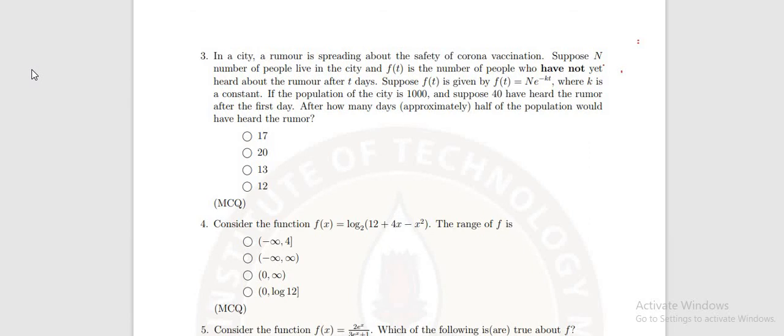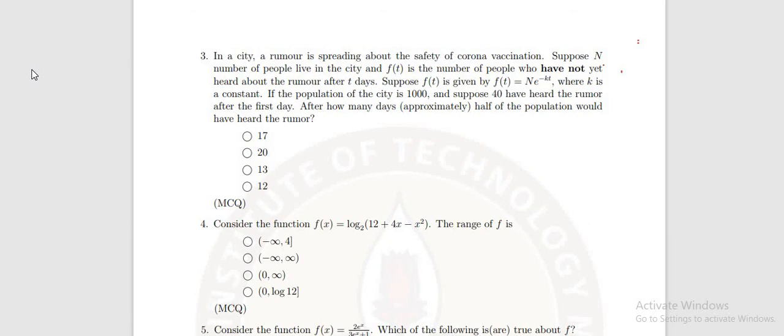Suppose f of t is given by f of t is equal to N e to the power minus kt, where k is a constant. If the population of the city is 1000 and suppose 40 have heard the rumor after the first day, after how many days approximately half of the population would have heard the rumor?